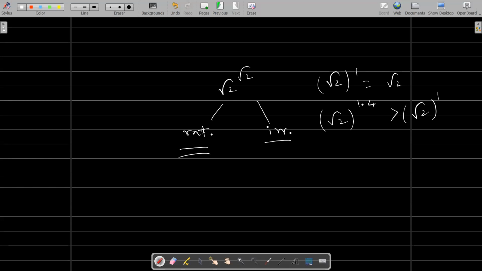Yeah, that you can write. This is 2 raised to half, raised to 2 raised to half. And even you can use laws of indices here. That is like 2 raised to half into 2 raised to half.